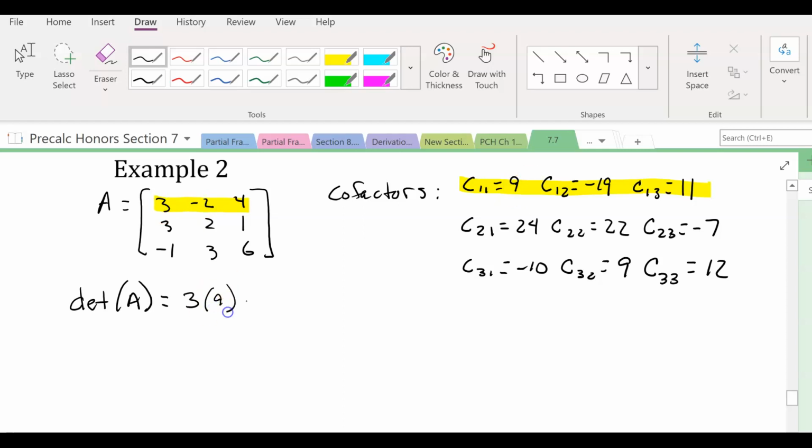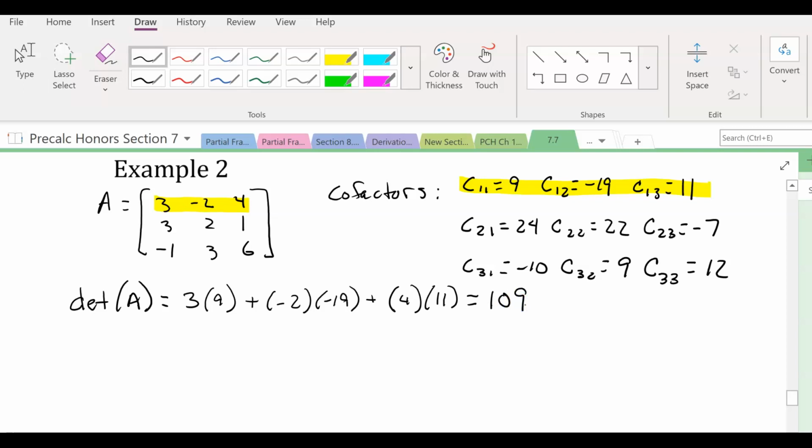So that's 3 times 9, and then we're going to continue to do that for the whole row, plus negative 2 times negative 19, plus, and then the last one in the row is 4 times 11. And if we calculate all that, we should get 109.